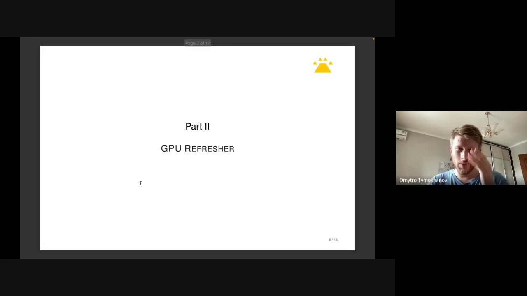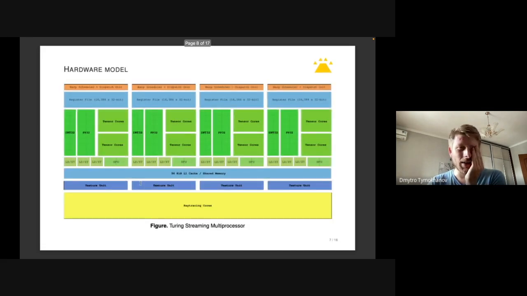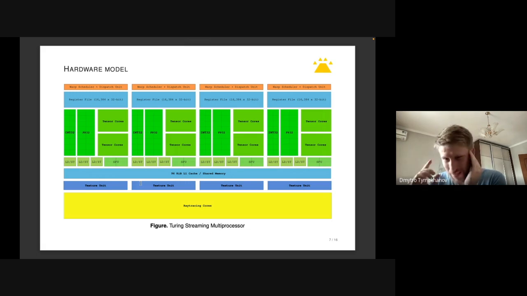Okay, so GPU primer. This will be very brief and very selective. GPUs are parallel processors, and they are really good for computing highly parallelizable things, as we all know.